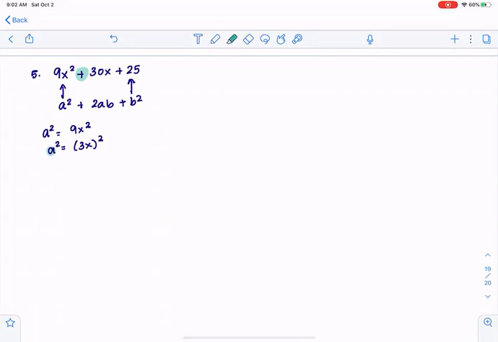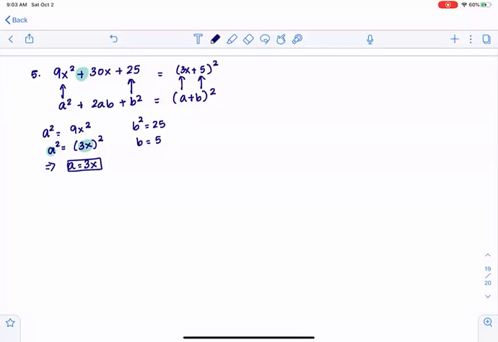So a squared equals 3x squared, which would mean a is 3x. b squared is 25, which would mean b is 5. And as always, we know a squared plus 2ab plus b squared is a plus b squared. a is 3x, b is 5. So our factored version is 3x plus 5 squared.